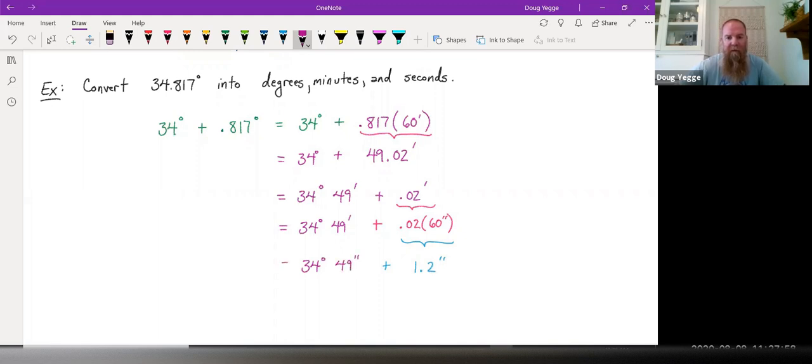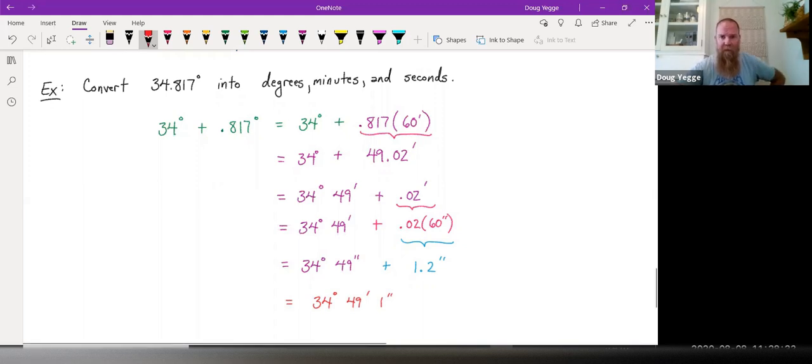But by the time we end up converting this into degrees, minutes, and seconds, we simply round that decimal right here because we don't use any decimals in degrees, minutes, and seconds. So my final result is 34 degrees, 49 minutes, and 1 second. Okay, now we technically could say 1.2 seconds, but we typically just drop that decimal and that's our result.